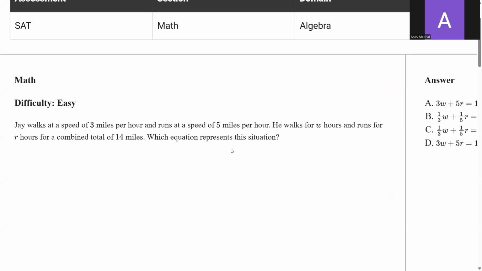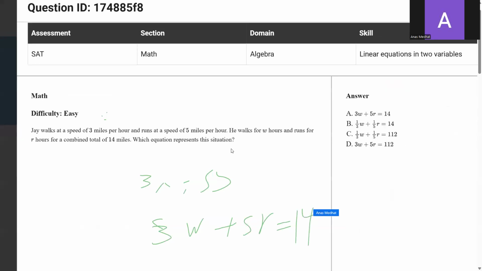So he walks at 3 miles per hour and runs at 5 miles per hour. 3w plus 5r equals 14. So the answer is A.